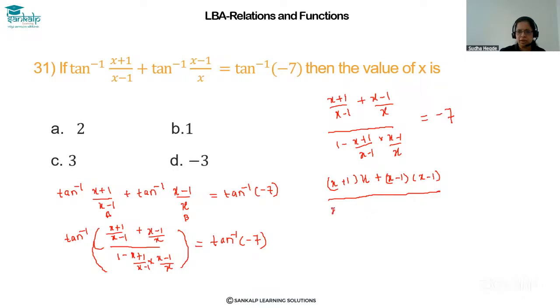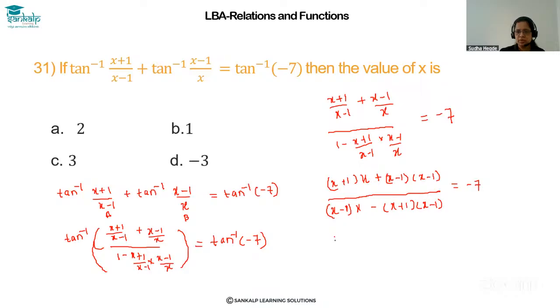Therefore, (x minus 1) into x minus (x plus 1) into (x minus 1), that is equal to minus 7.